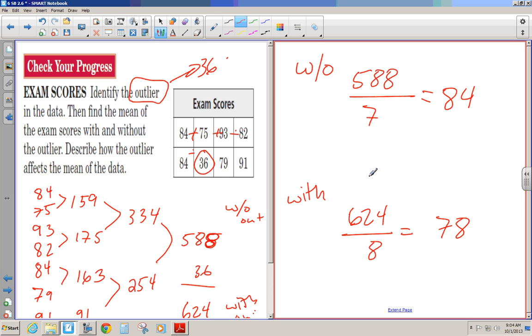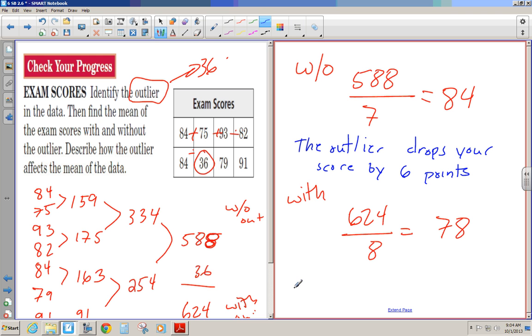So looking at this, you could say that the outlier drops your score by 6 points.